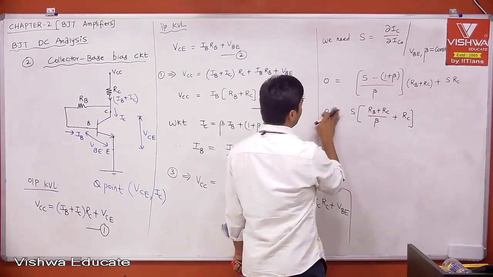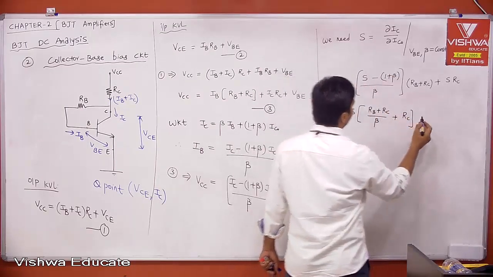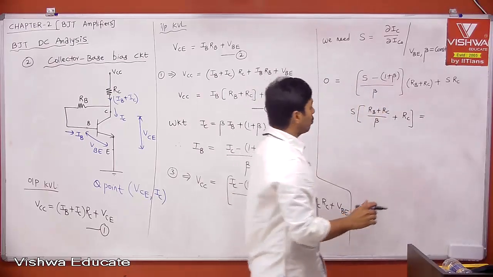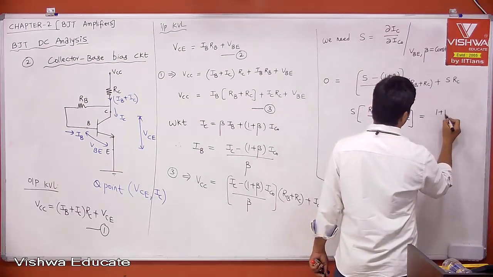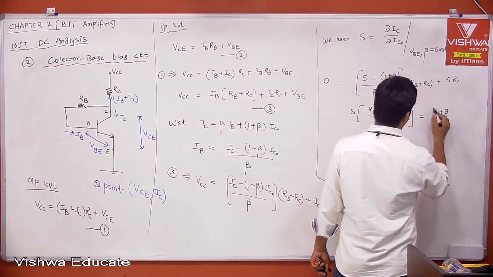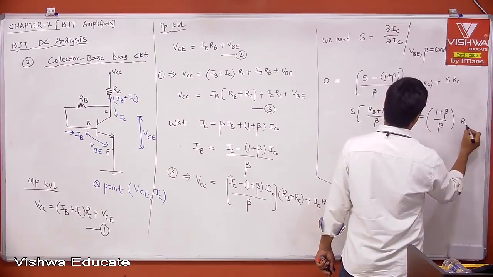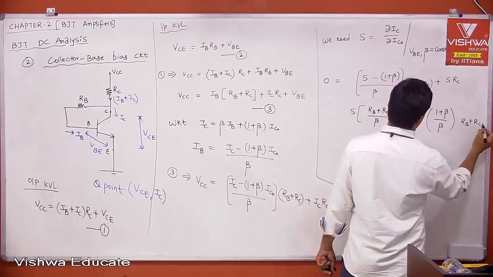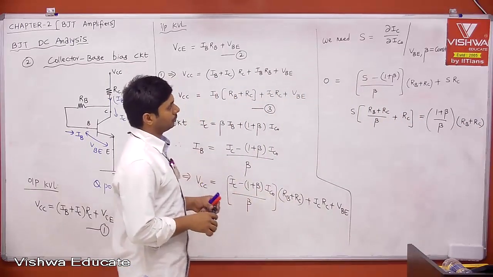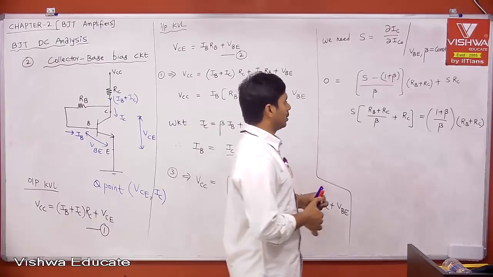Then that minus sign, maybe you can take to the right hand side. If you take it, then what will you get? You will get 1 plus beta by beta into RB plus RC. This is what you will get, right?